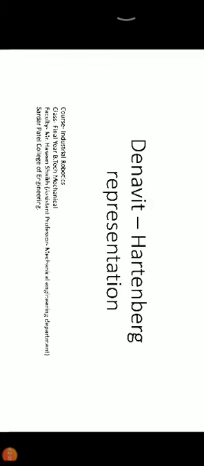This DH representation is basically used to define the position and the orientation of the end effector with reference to the base system, or the position and the orientation of any intermediate coordinate frame or joint with reference to the base coordinate system.